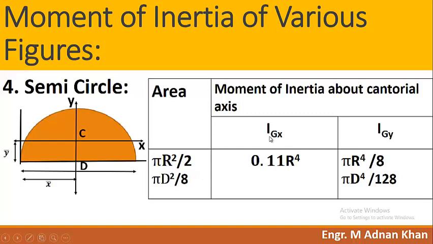Its moment of inertia about the x-axis is given as 0.11 r power 4, and the moment about the y-axis is given as pi r power 4 divided by 8, and in terms of d it becomes pi d power 4 divided by 128. Remember these values.